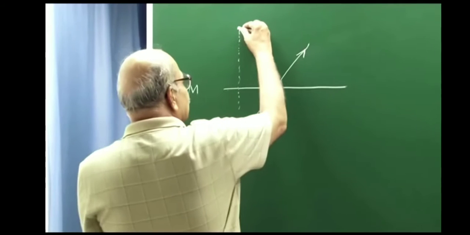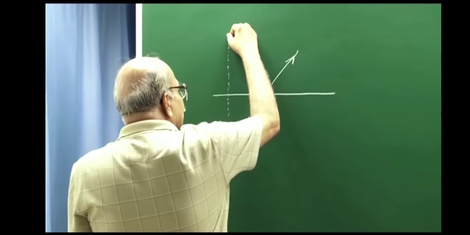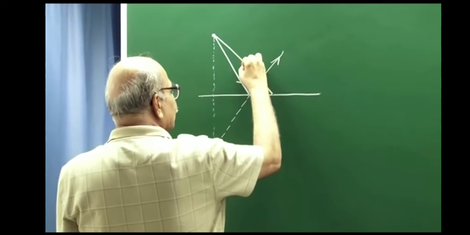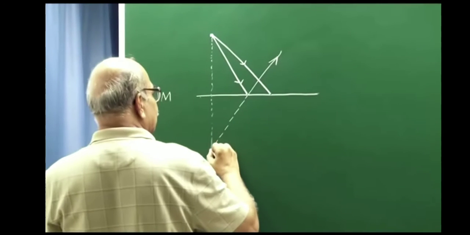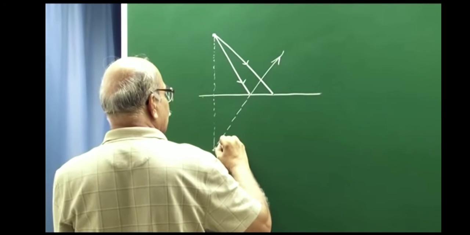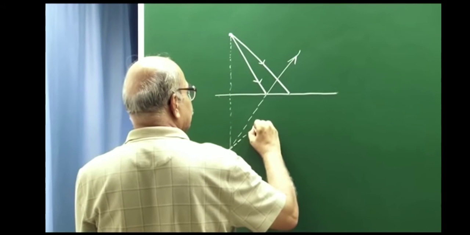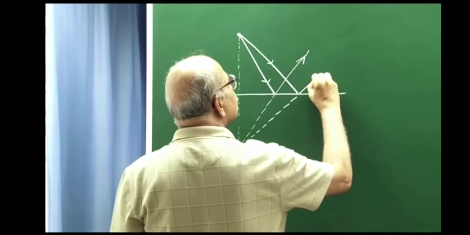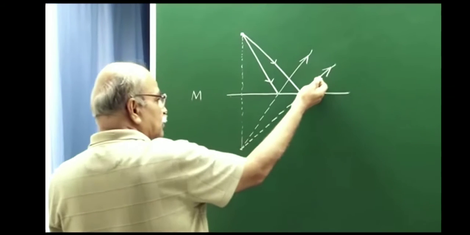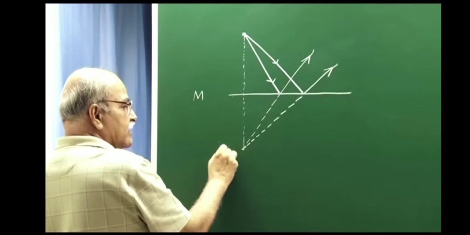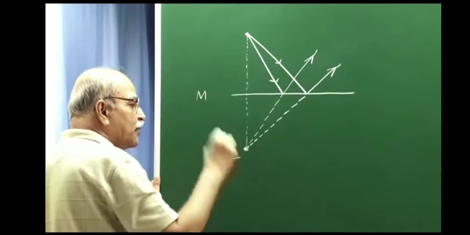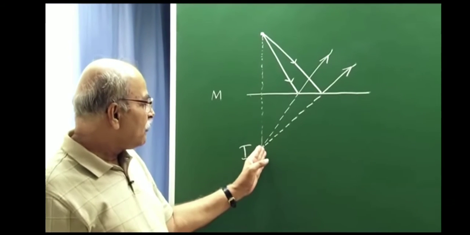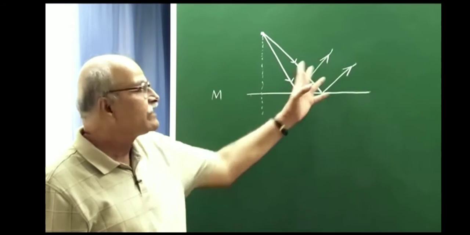For whatever reflected ray you take, suppose you have yet another incident light here, and in which direction will it go after reflection? It will go in this direction, so that when you extend it on the other side, it passes through the same point I. I will call this I the point of intersection of reflected rays.